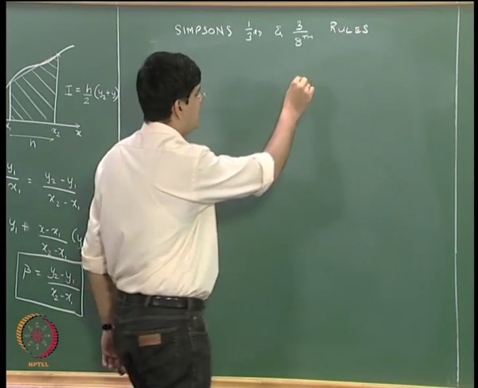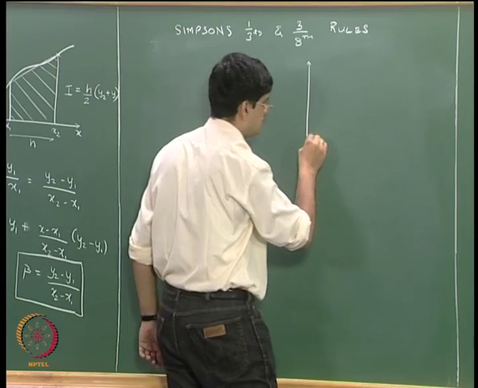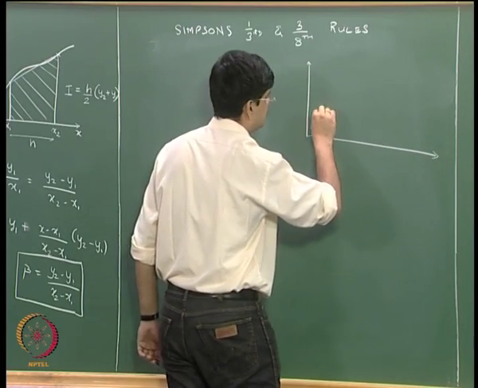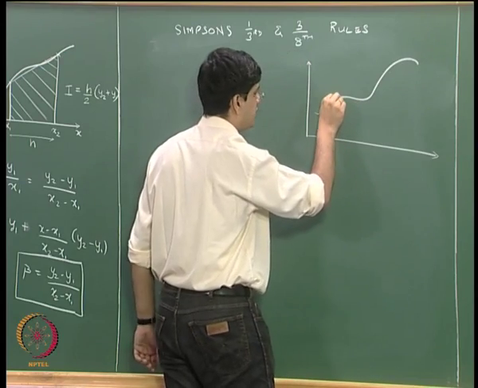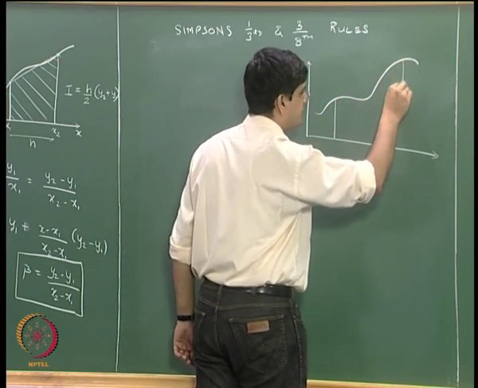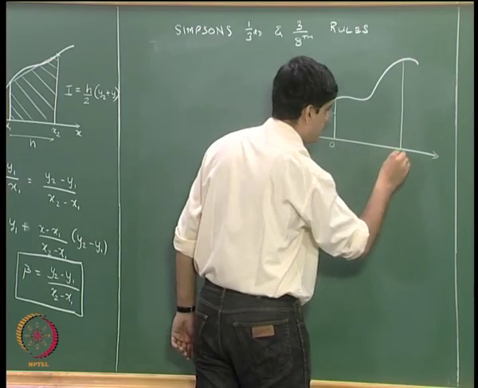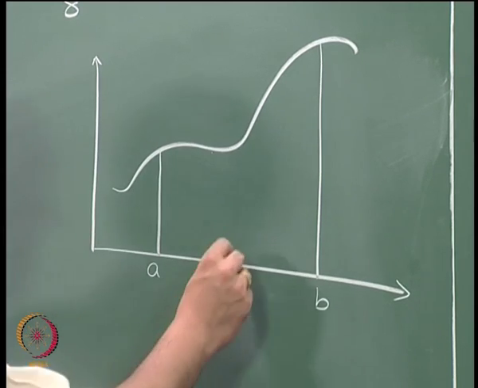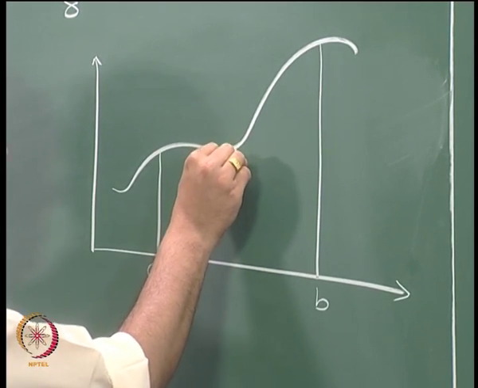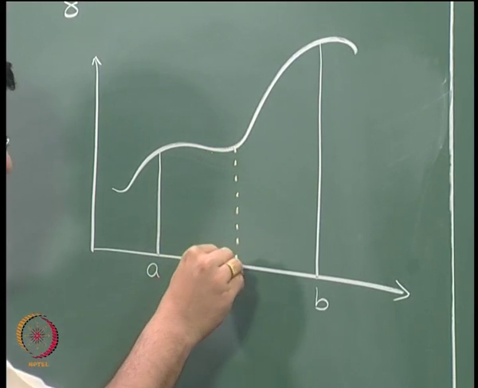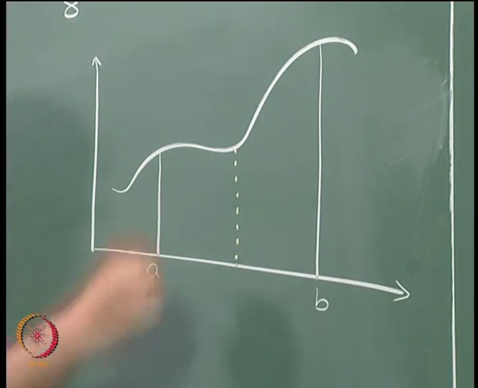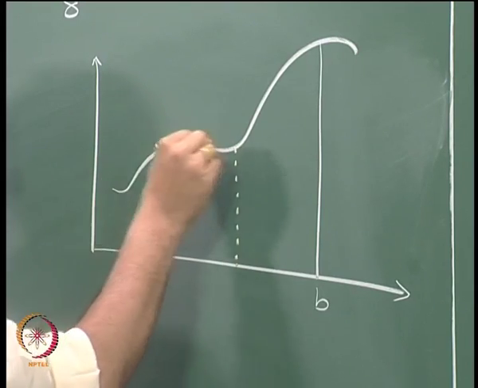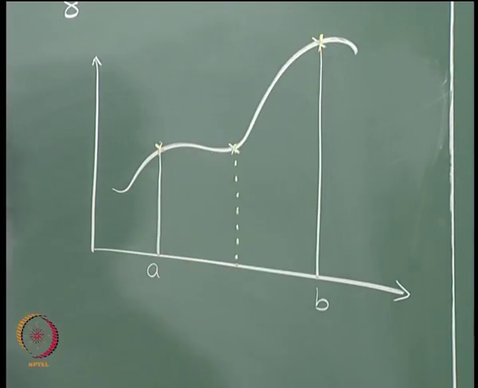Okay, so the idea is as follows. Let us say we have an arbitrary curve and we want to find the integral from a to b of f(x) dx. We look at another point, which is the midpoint. So now we have 3 data points, and we can fit a second order Newton's polynomial to these 3 data points.